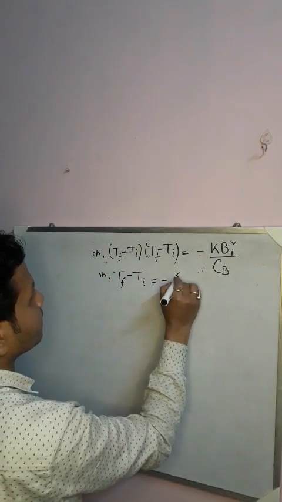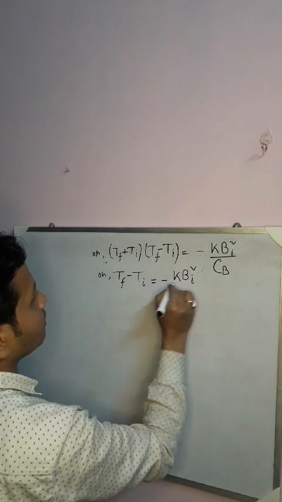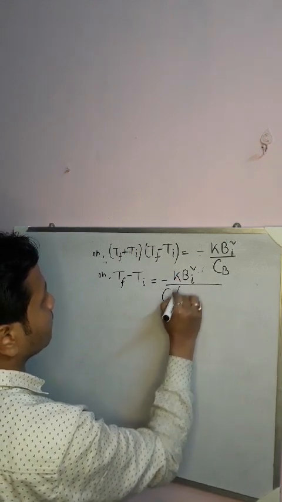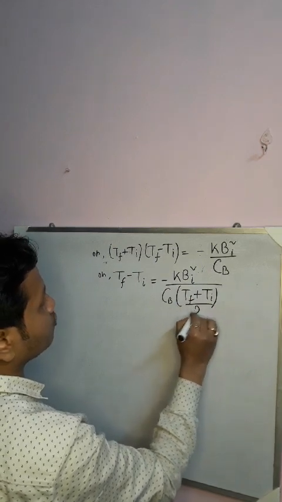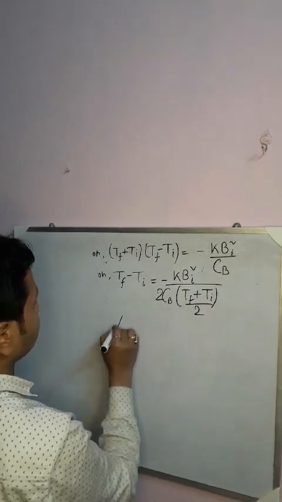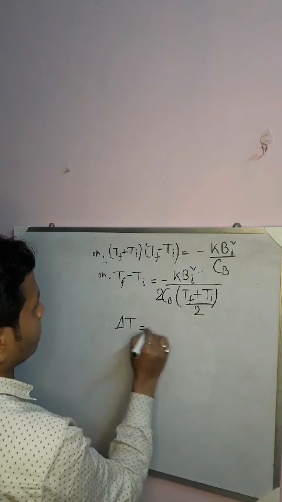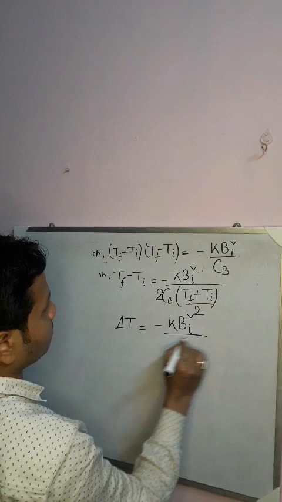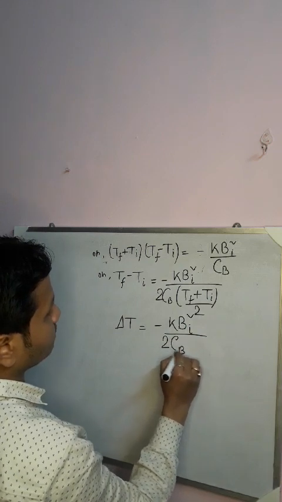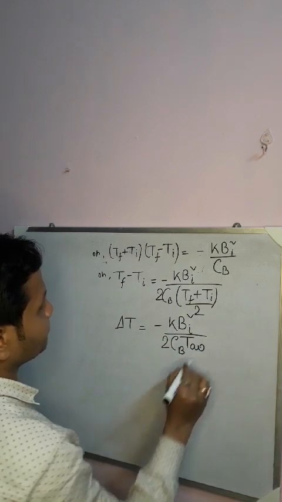This is simply minus K Bi square by CB divided by Tf plus Ti. So we can write this as delta T equals minus K Bi square by 2CB, divided by T average.